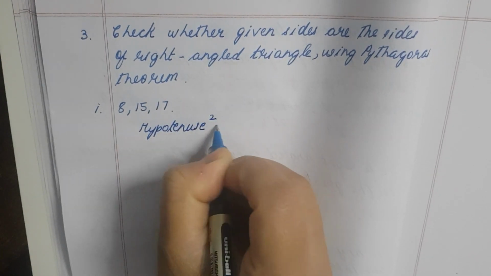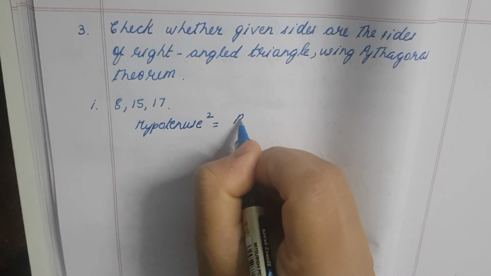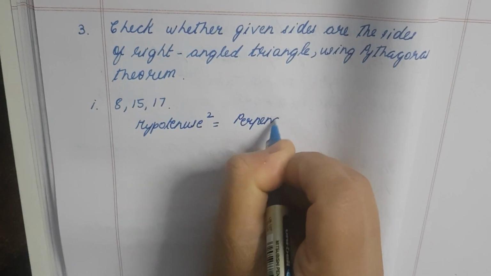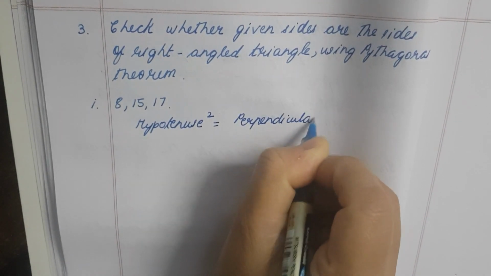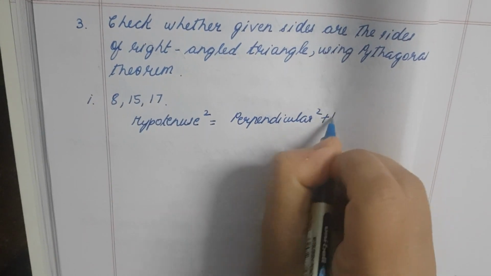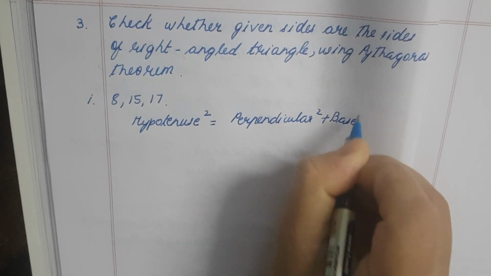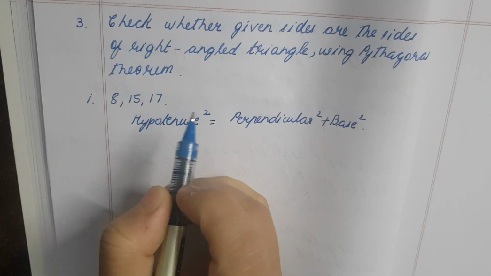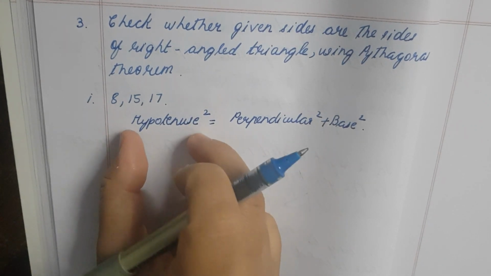Hypotenuse square is equal to perpendicular square plus base square.